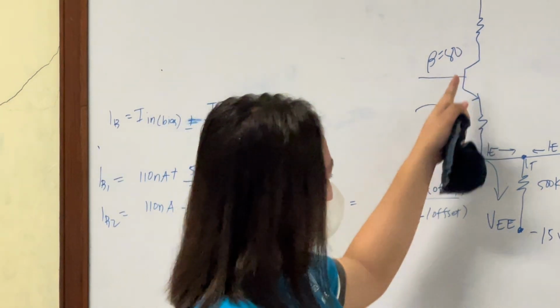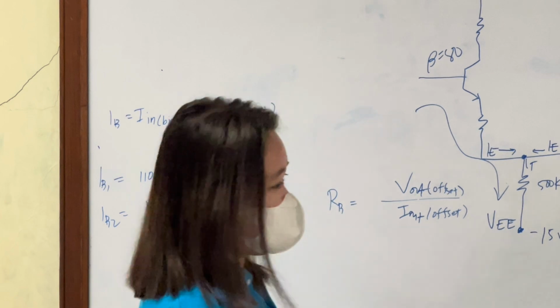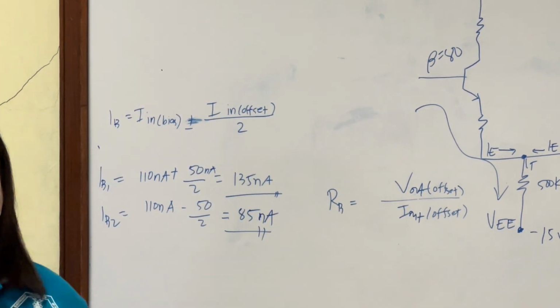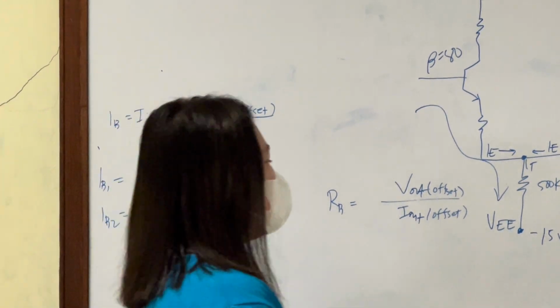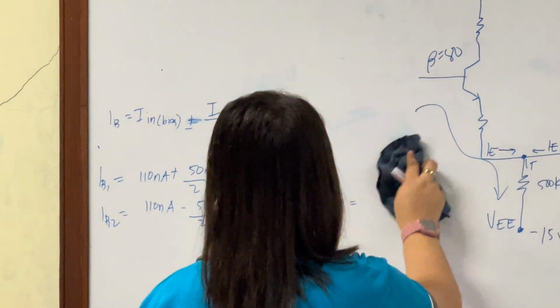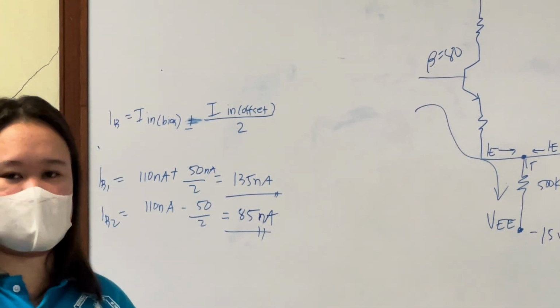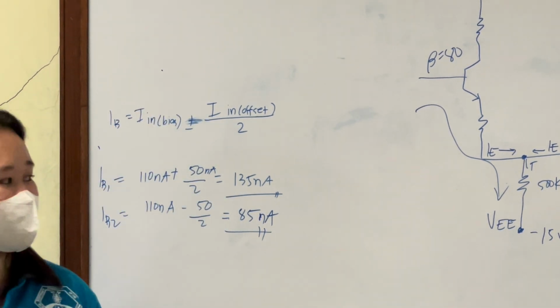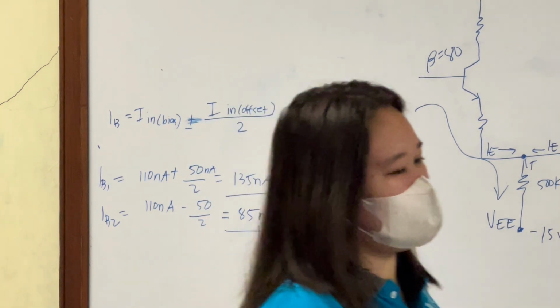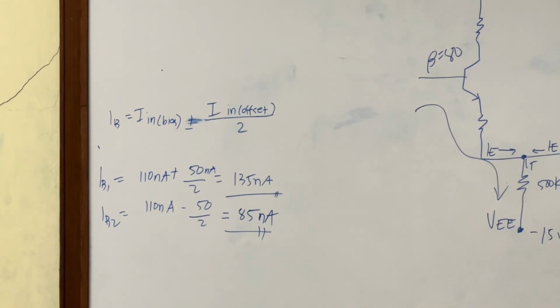Depende kung ano i-name niya. Kasagaran dyan, class, is input resistance iya RB, RS. Okay? I will post your activity.